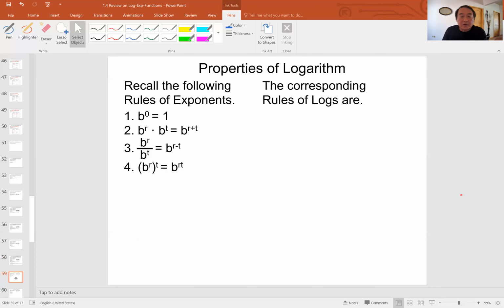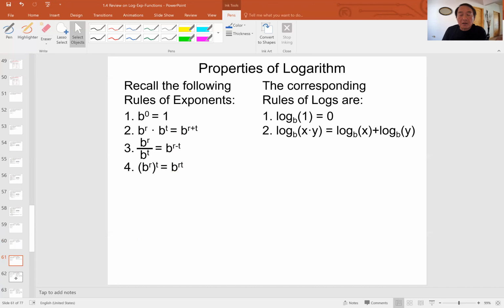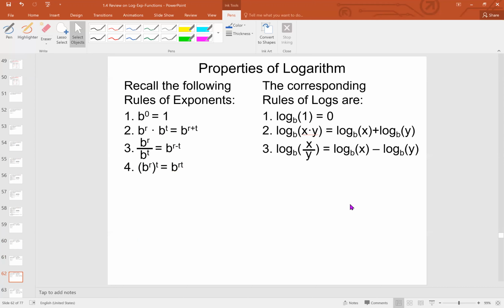But finally, we have these rules concerning the log: how the log breaks up products and divisions and powers.